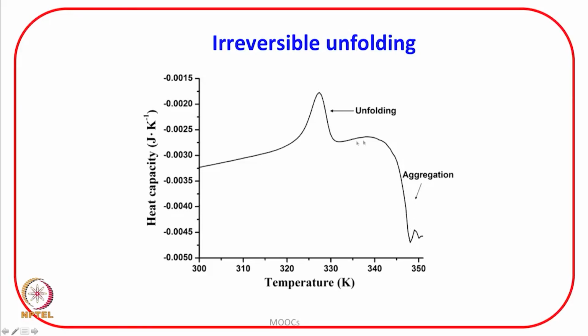This exotherm can begin here, that is, as soon as the transition is over, or it can begin a little later, corresponding to the temperature where the event begins. And in such cases, the unfolding will more or less always be irreversible. A strong exotherm is associated with association, because an association reaction is an exothermic reaction. Dimerization, trimerization, oligomerization is an exothermic reaction.